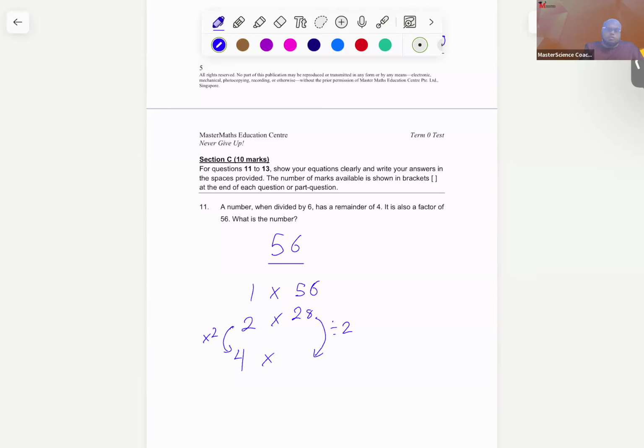So 4 times 14. Now, is there a 5? Then 7, right? 5 don't have, 6 don't have. So it's 7. 7 times 8 is 56. Again, I can actually use the same method here. You see, 14 divided by 2 becomes 7, correct?